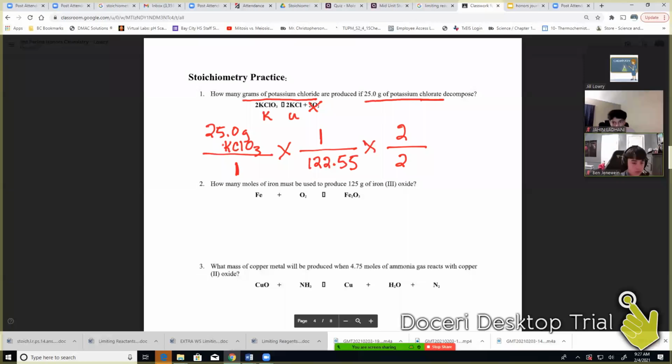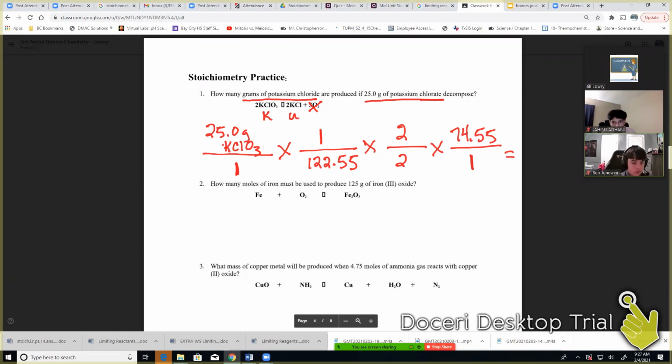That's the box in the middle. If I stopped right now, I would know how many moles of my unknown I had, but we want to go one more step. My next box says multiply by the molar mass of the unknown over 1. The molar mass of my unknown is 74.55.